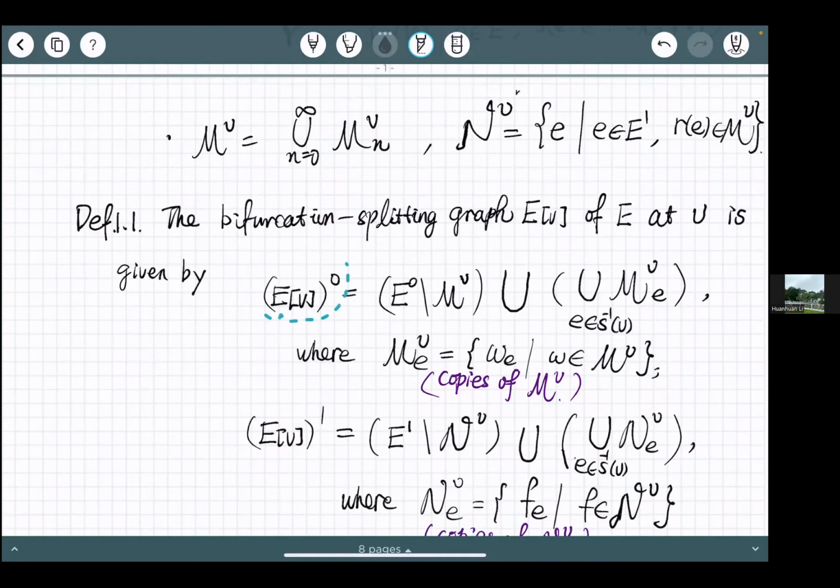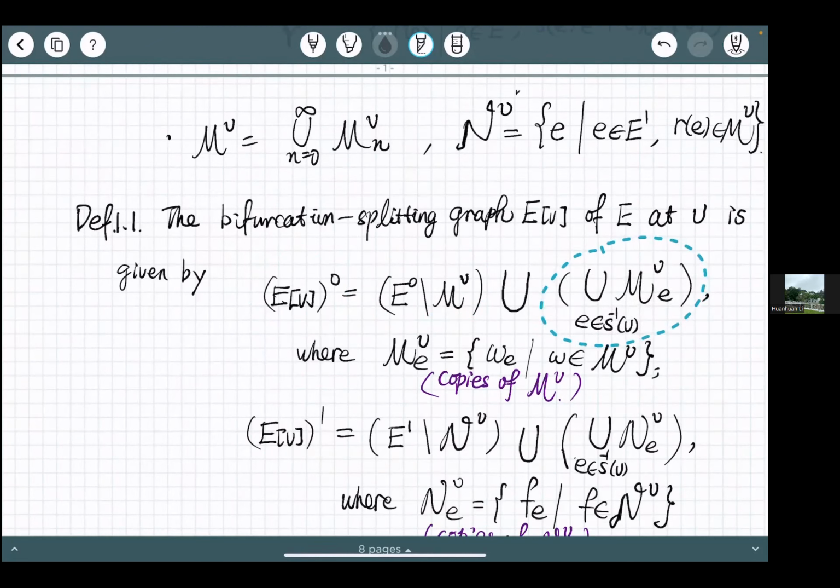The vertices have two parts. The first part consists of the vertices from E0 that are not in M^v. The second part is a union of the sets M_e^v, which is defined here.